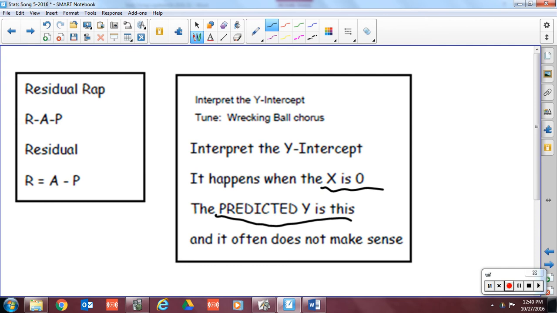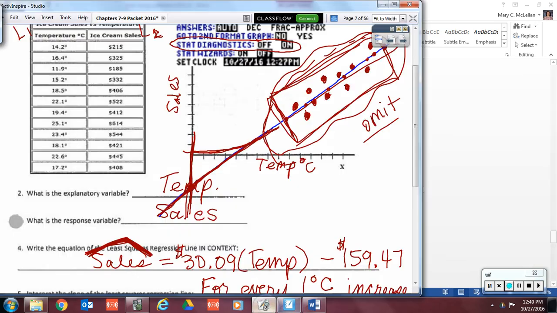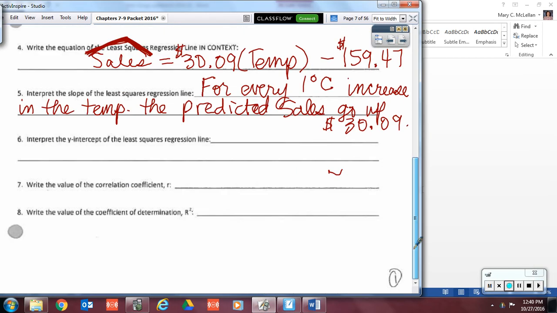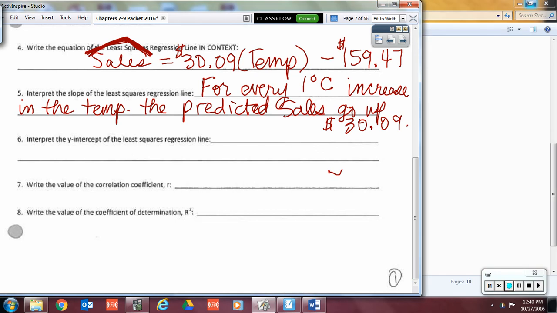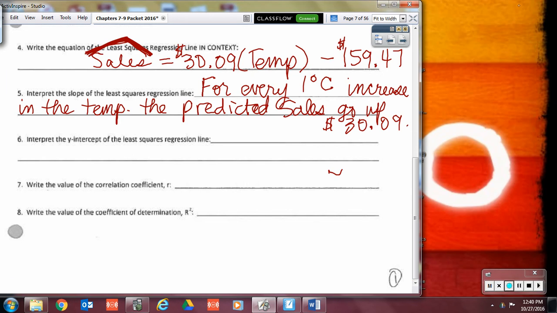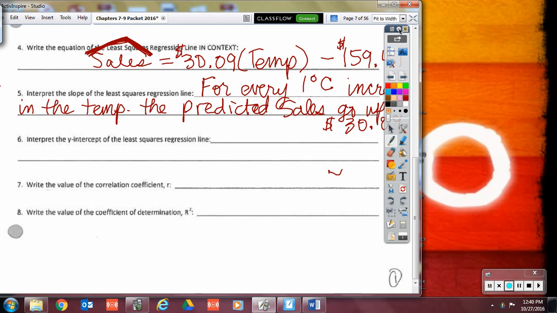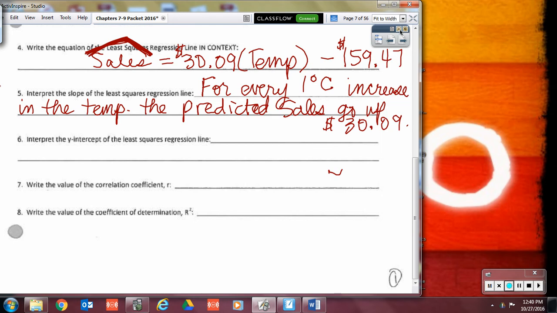Okay. So let's go to our work here and fill in that information. All right, here we go. Let's write this out. So what are we going to say then for our interpret the y-intercept? It happens when the x is 0. So what's 0? Good.